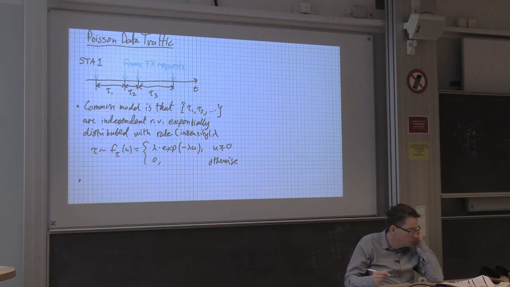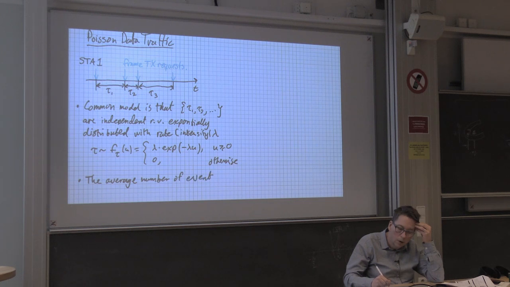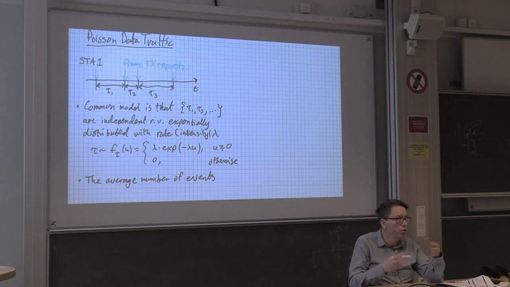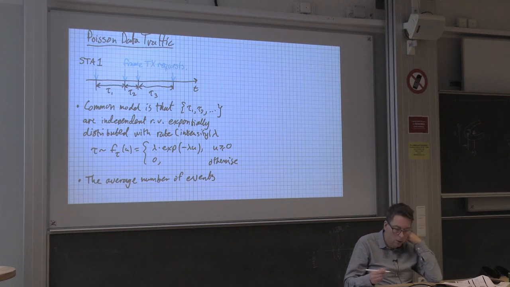The average number of events. What do I mean by an event? An event is one of these arrivals. So how many of those on average occur during a certain time interval is given by this lambda factor.